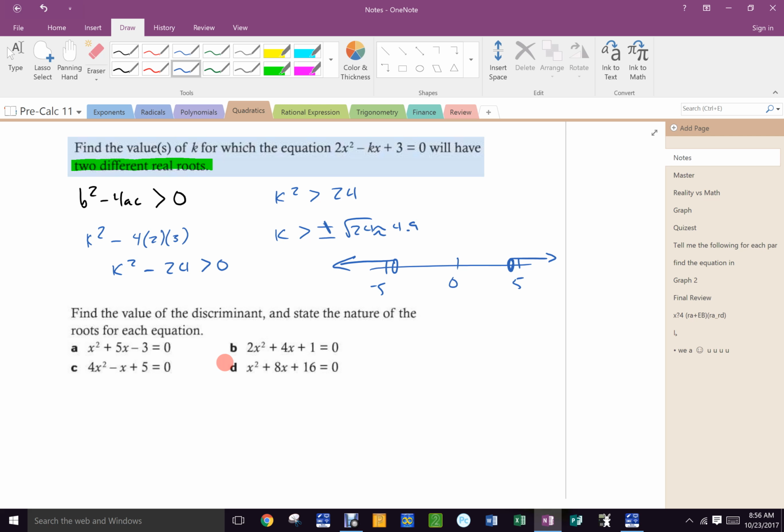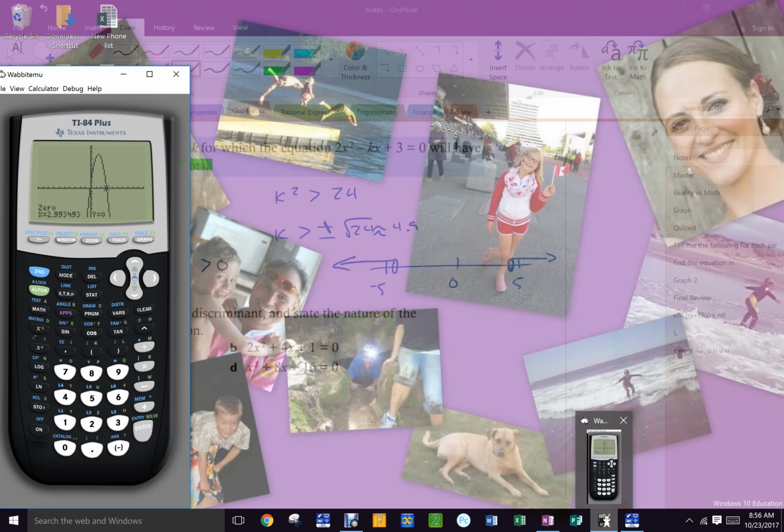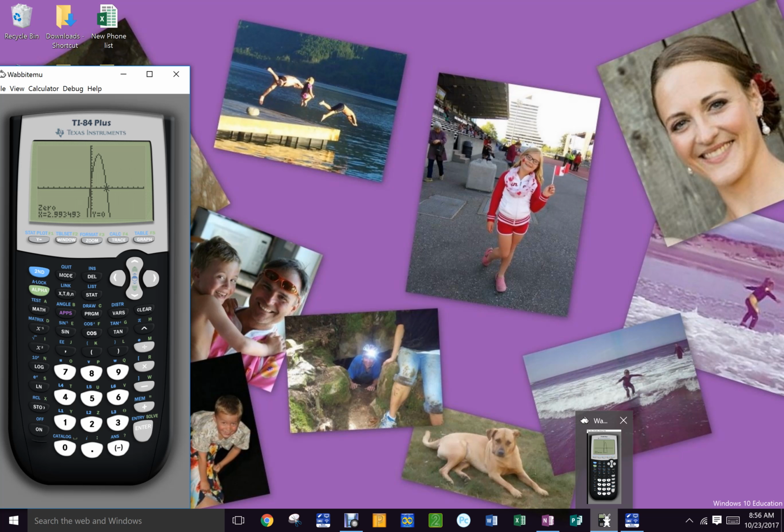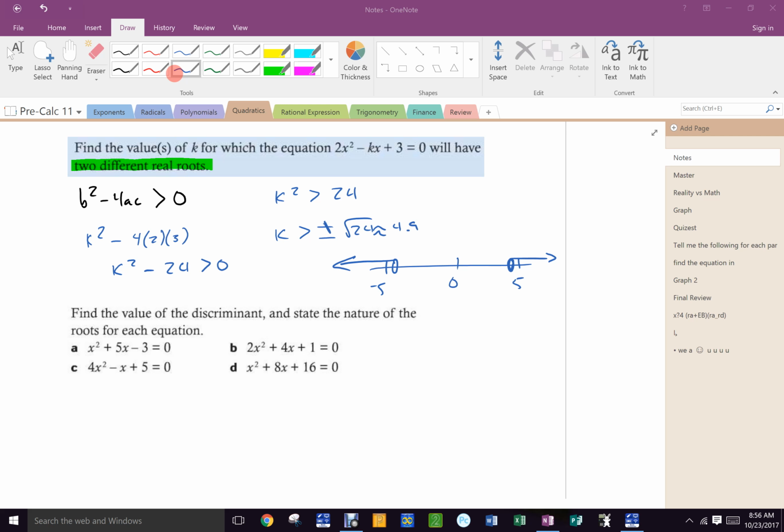It actually looks exactly like this, but on your phone. So if you want to do work at home and you want to use the actual calculator that we use in here, you go to the Google Play Store and you get the Wabbit Emu. And if you have an Android phone, you can get this calculator on your phone.